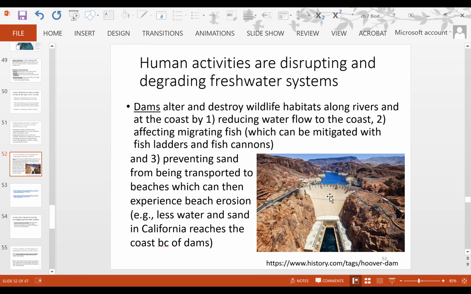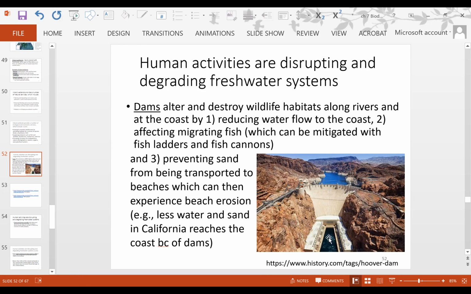So here is the Hoover Dam, and behind the dam is this reservoir. So it's a man-made lake, and it could be used as a water supply for fresh water for many communities.